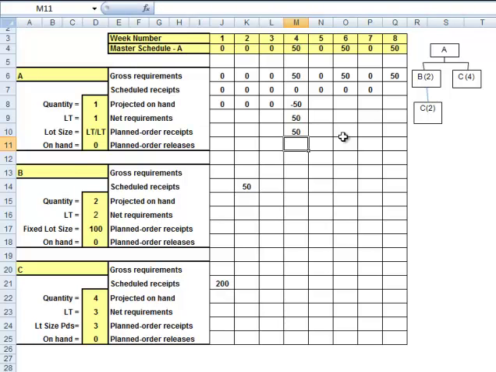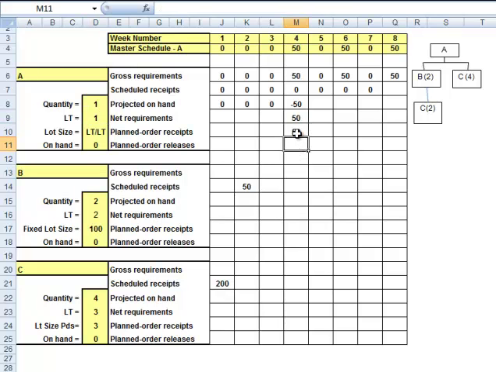Now, step number 6 of your procedure says determine the planned order release date using the formula. The planned order release date is equal to the planned order receipt date minus the lead time. Well, the planned order receipt date is time period 4. The lead time for this part is 1 time period. It means we must begin 1 time period earlier so that it can complete in time period 4.